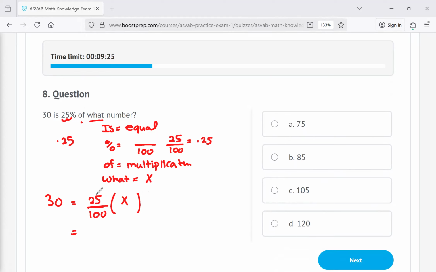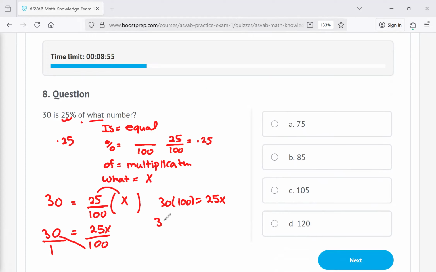Okay. Put it all together. 25 times X is 25X over 100 equals 30, or 30 over 1. So your goal is to solve for X. Now what I'm going to do is cross multiply. So it's going to be 30 times 100 equals 1 times 25X, which is 25X. So what's 30 times 100?